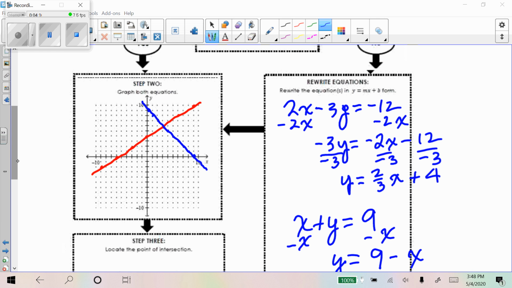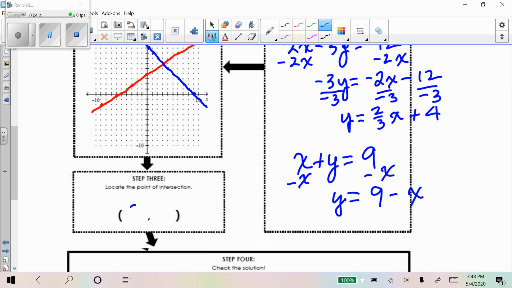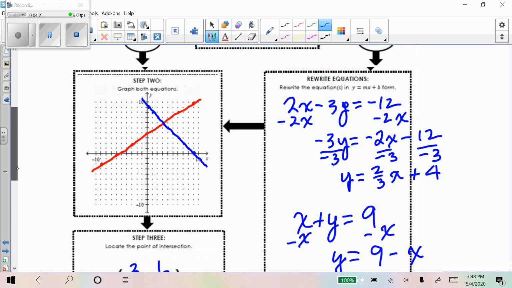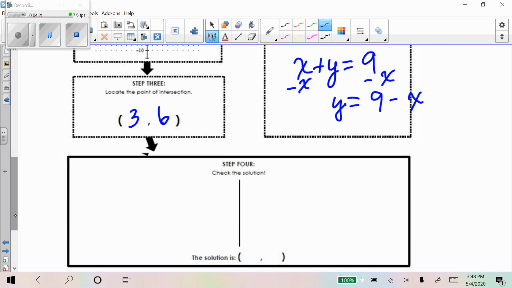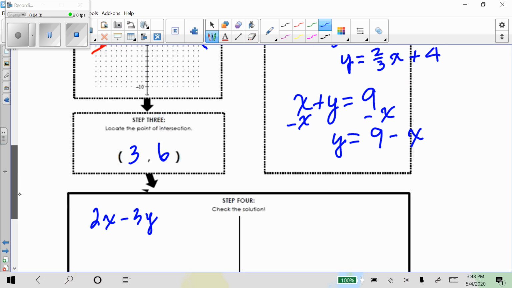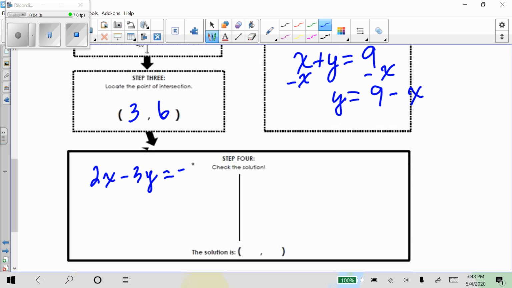Your graph should look something like that. And it looks like the solution is 3, 6. Checking that solution, and make sure you use the original equations to check. So you have 2x minus 3y equals -12.